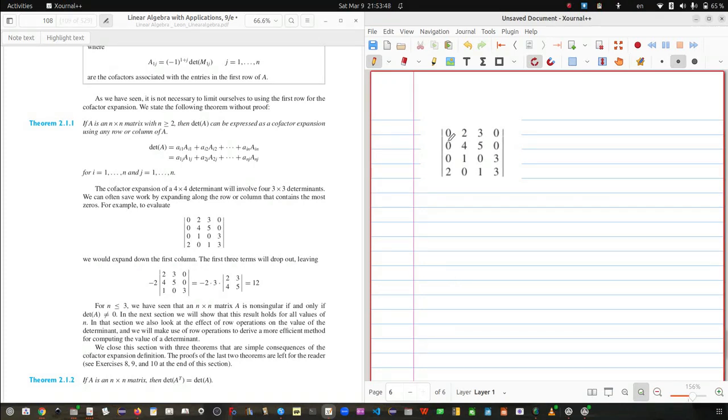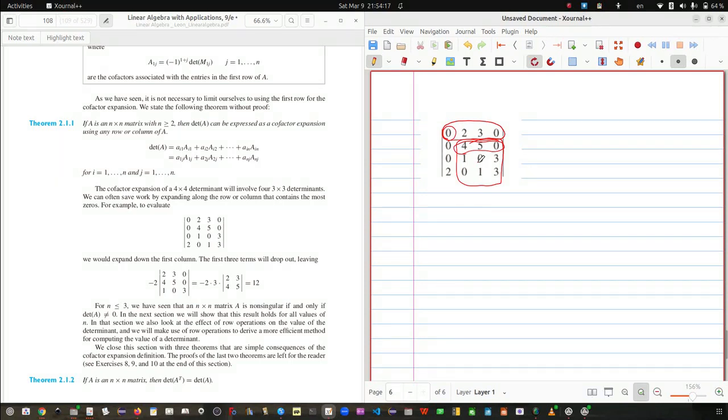So if you choose the first row, the definition says the element times its cofactor. Cofactor means the determinant of this matrix. When you're talking about the determinant of this 3 by 3 matrix, it is like the problem we already defined above. You take a row and then you calculate its cofactors for each element of that row, and then you keep going.